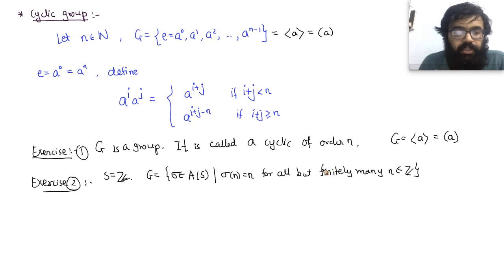It may interchange a few numbers, say 3 and 4, but except for finitely many, it is just like the identity function. So identity is also there because identity does not change anything. We have to show that this is a subgroup of A_S, though we have not defined subgroup yet; anyway this is a subset of A_S. What we have to show is that G with composition is a group.